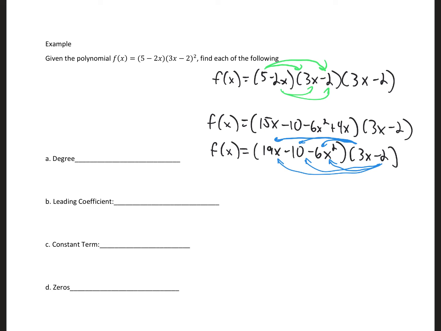All right, and if we did that, we'd get f of x equals, distributing 3x in first, we'd get 57x squared minus 30x minus 18x cubed. And then distributing in -2, we would get -38x plus 20 plus a 12x squared.